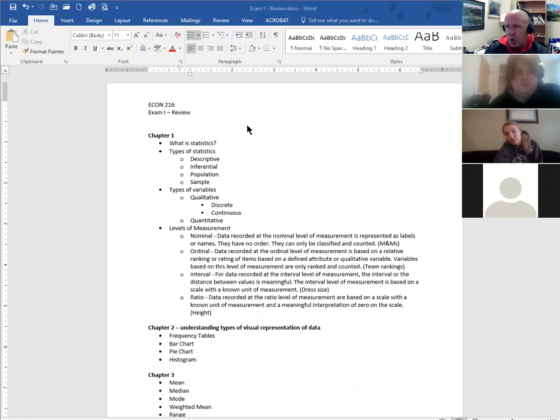Types of variables, right? Qualitative and quantitative. Actually, I've got this backwards in the document, I realized. The discrete and continuous should be under quantitative. I'll fix that before I put that up on Canvas. Qualitative variables are more along the lines of names or other information, not numbers, that aren't countable in a way where we could take an average, for example.